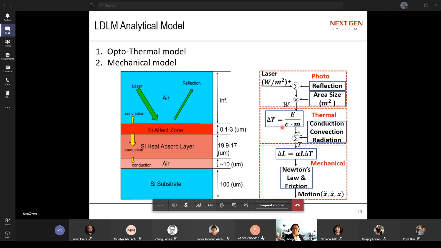Finally, we can know how the temperature changes on the microrobot structure, and with the temperature we know the structure's thermal deformation. Combining Newton's law and our friction model, we will finally know how this robot moves in space.